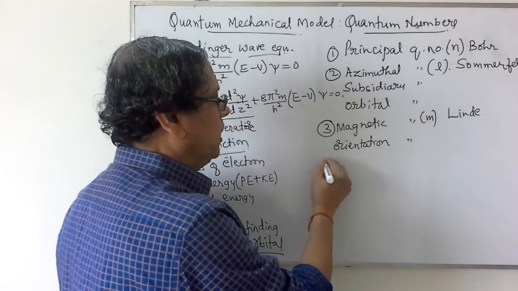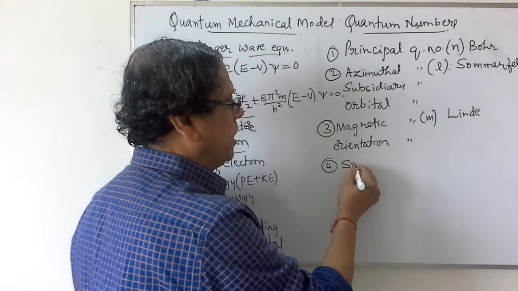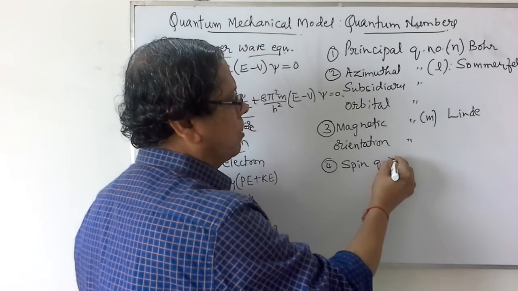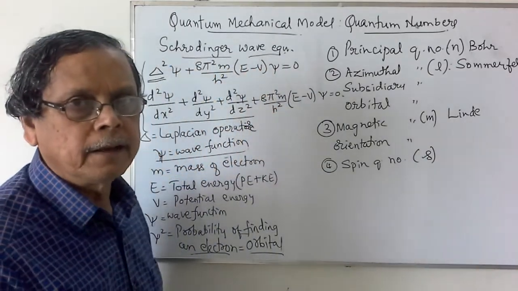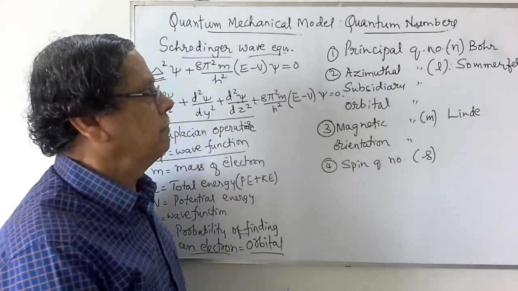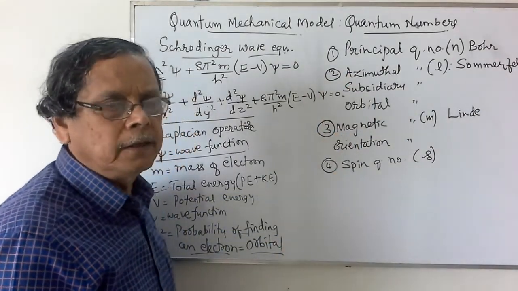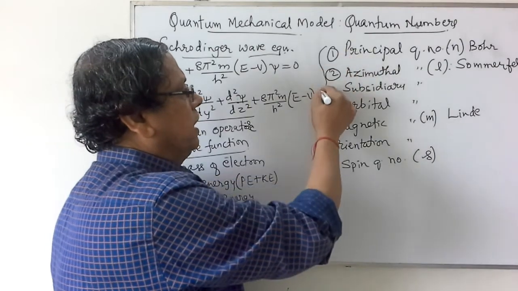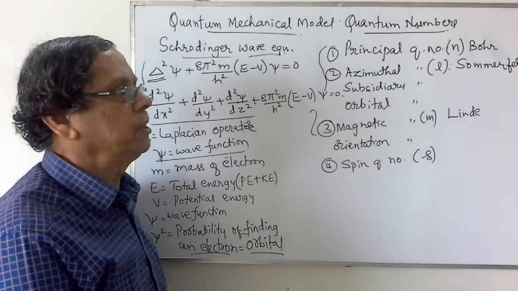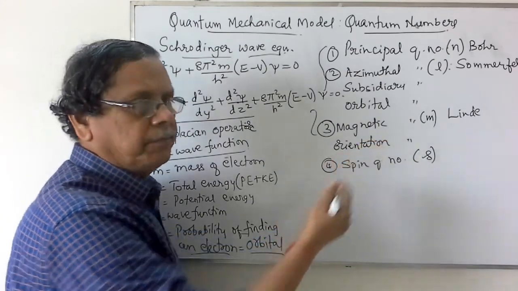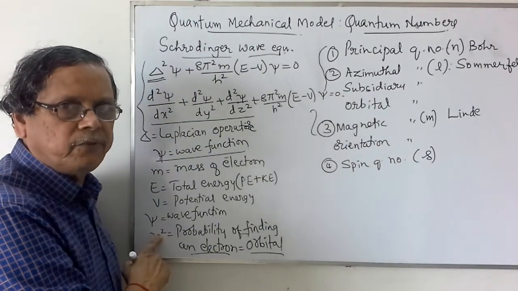And the fourth one considers the spinning of the electron around its own axis, that is called the spin quantum number. This is indicated with small s. So there are 4 quantum numbers: principal, azimuthal, magnetic and spin quantum number. The first 3 are interrelated and derived from the Schrodinger wave equation.